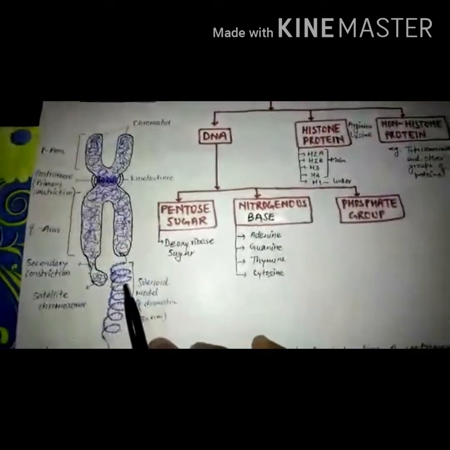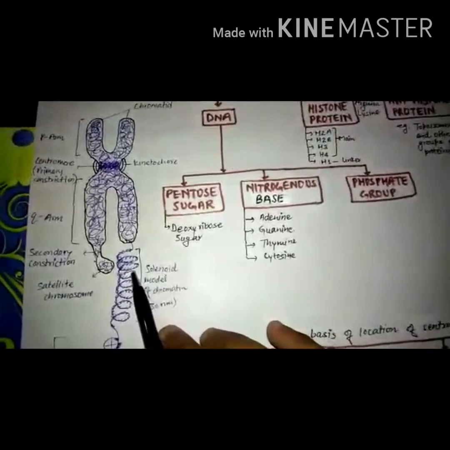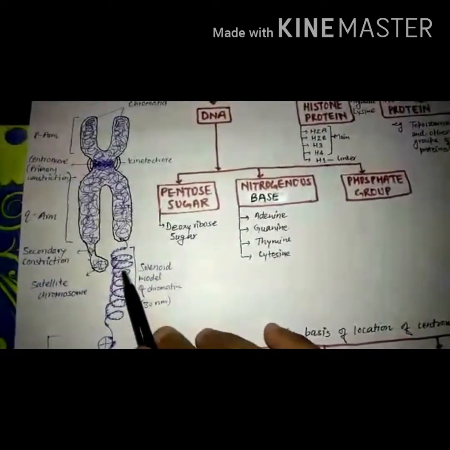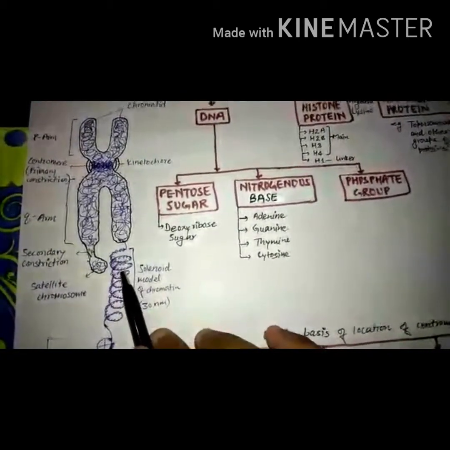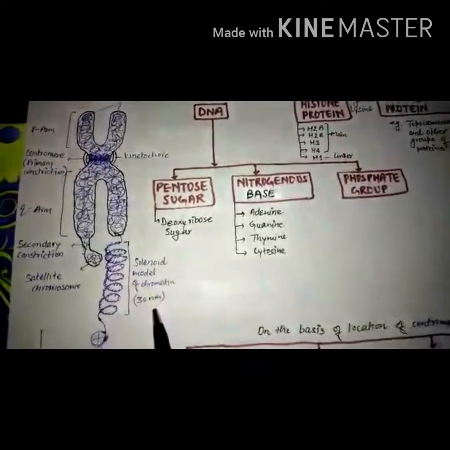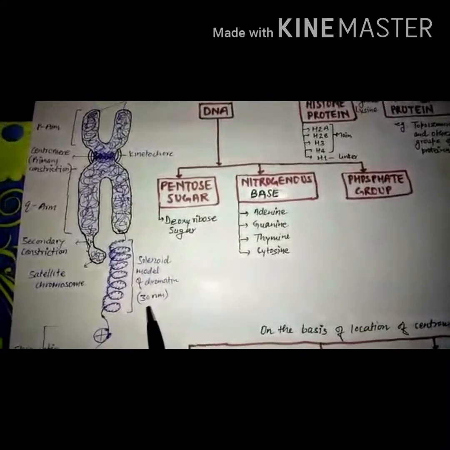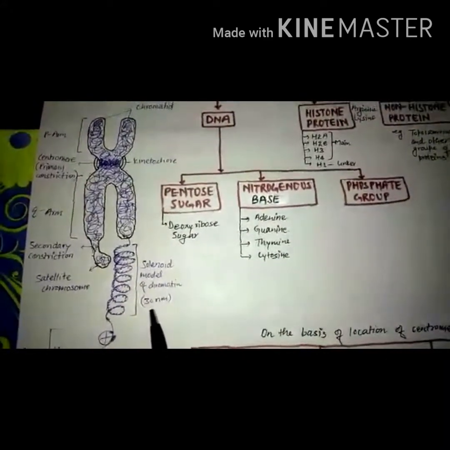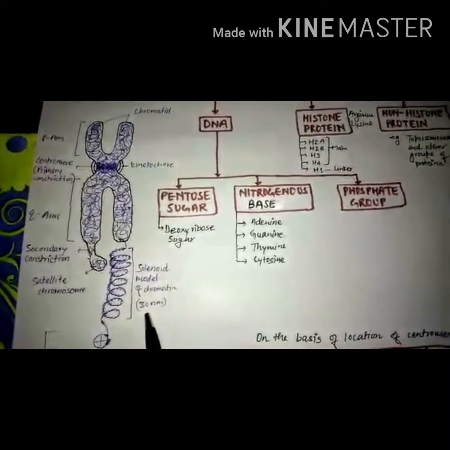Next, when we decondense the chromosome further, we find the following structures. This is known as the solenoid model of chromatin, which has a 30 nm diameter, not 13.